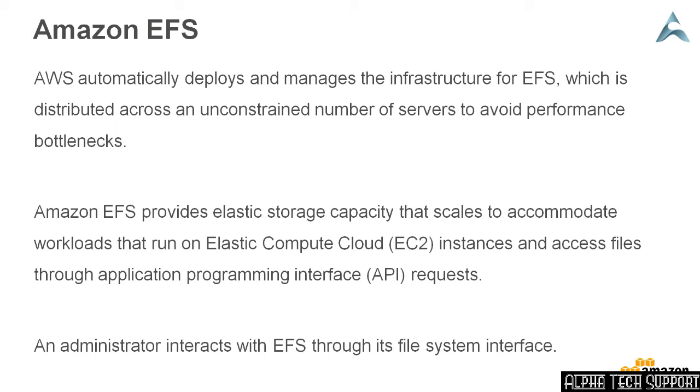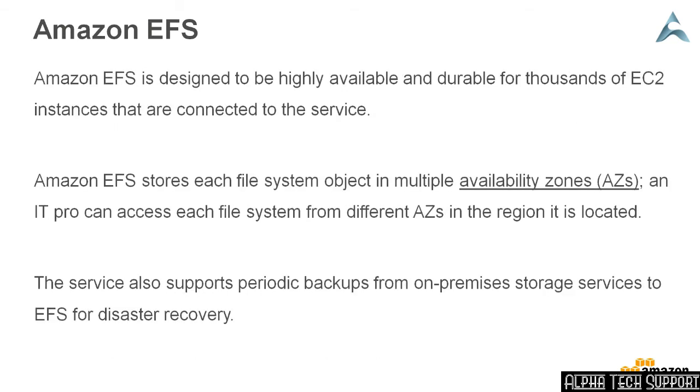EFS is your file system that is distributed across an unconstrained number of servers to avoid performance bottlenecks. You can create your own file system, define your own formats, and manage folders and other content. It is easily manageable as compared to object storage or other kinds of storage. You might be familiar with this.